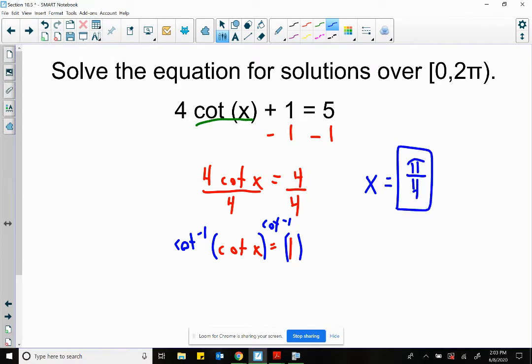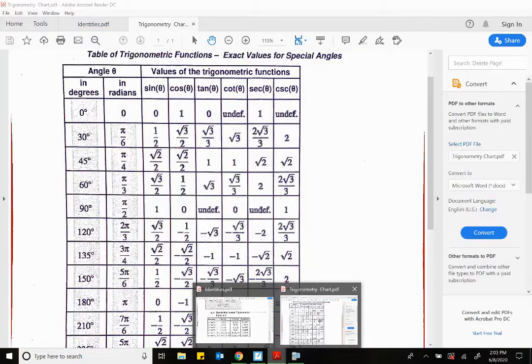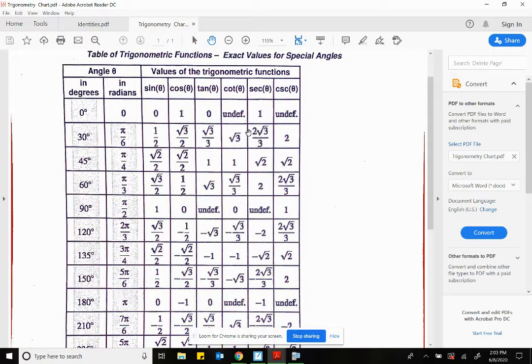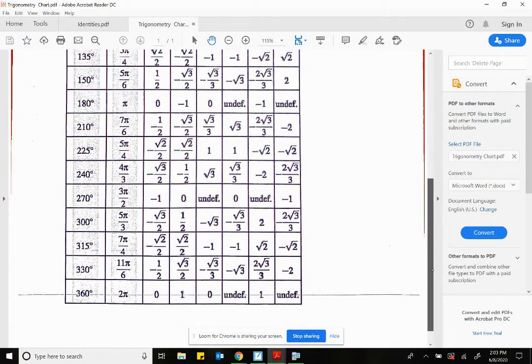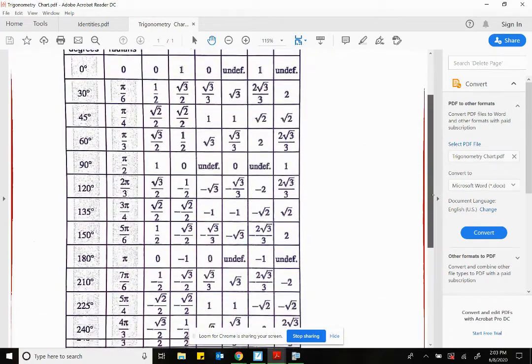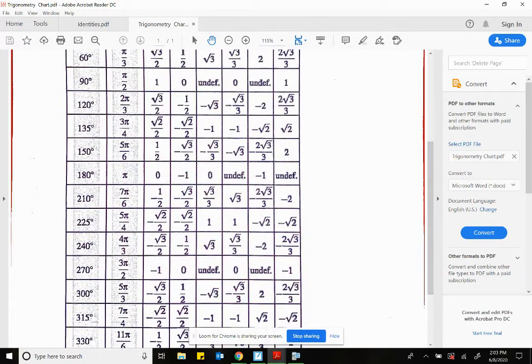And that's the only answer, because if you go back and look, there are no other places where cotangent is a positive 1. See, that's 1 right there. Pi over 4. That's negative 1. Sorry, I stand corrected. Gosh, I am not doing well today. So there's also one other answer at 5 pi over 4.